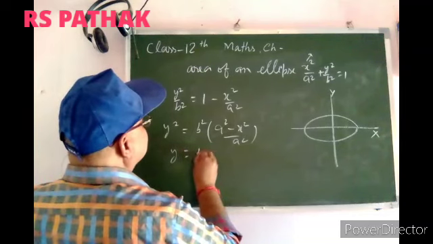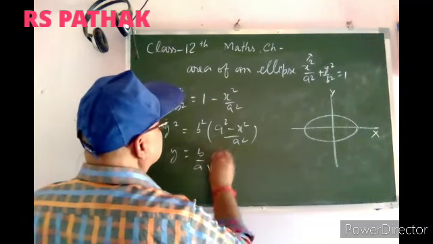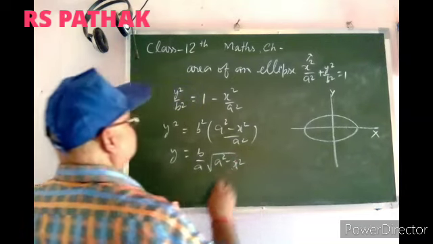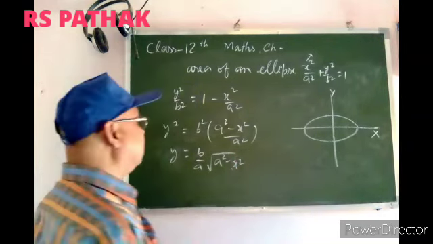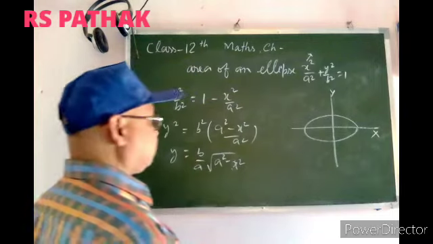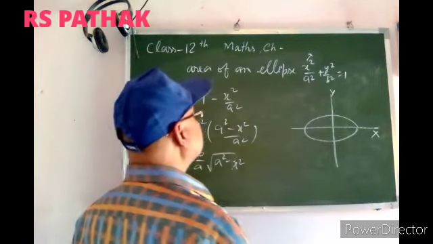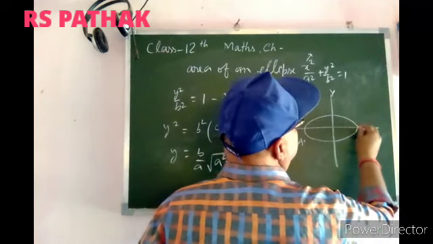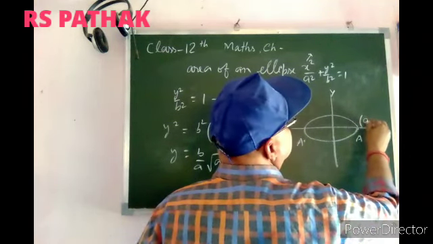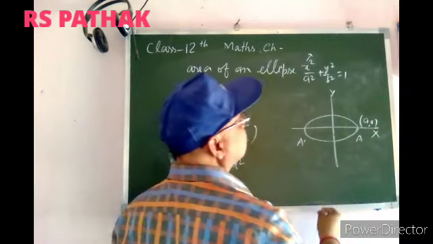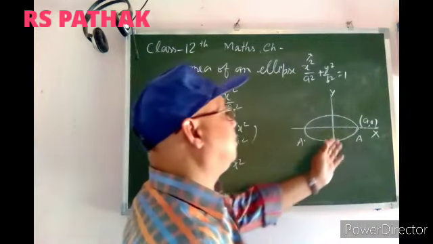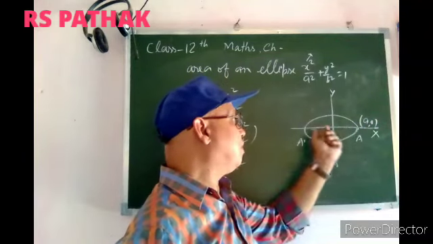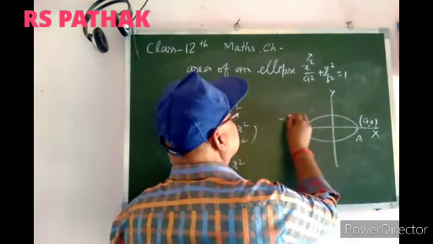Then y equal to b upon a under root a square minus x square. This is the curve. Let us suppose this point is A. The coordinate of the point A is (a, 0). This is the major axis. The coordinates of the major axis are (a, 0) and (minus a, 0).